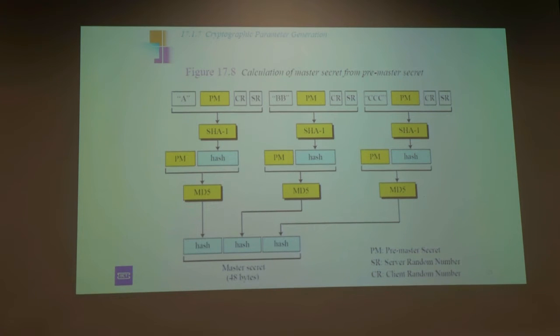Okay, now from this we're gonna generate 6 numbers, right? What are the 6 numbers? We need secret key for the HMAC, for the client and server. This is 2, and we need 2 for encryption, and we need IV is 2. What is the size for these? It depends on the encryption we're gonna use.